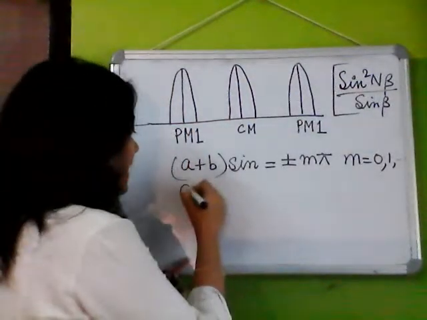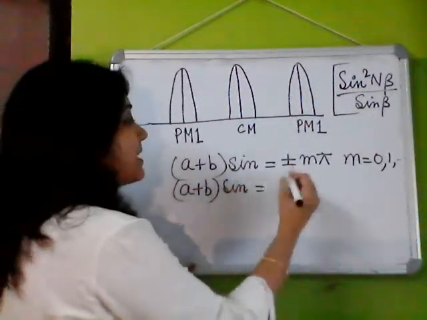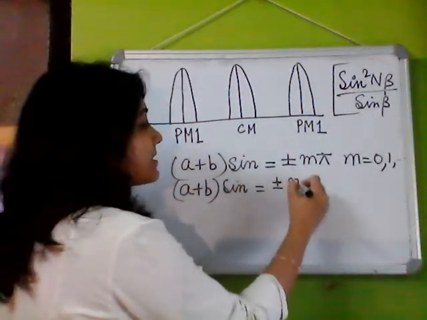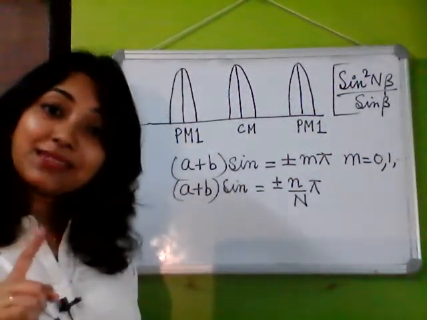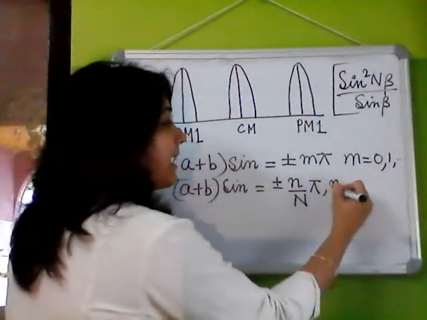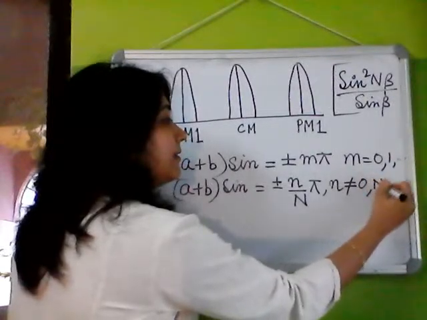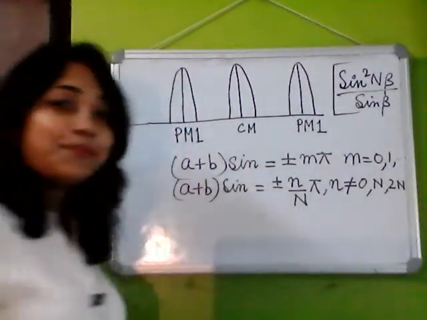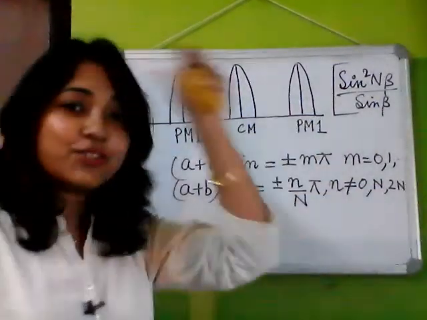However, for the same left hand side, A plus B sine theta is equal to plus minus n by n pi, we got the minimas. We also remembered that n was not equal to 0, n, 2n and so on. Students, I hope you have remembered these two conditions.